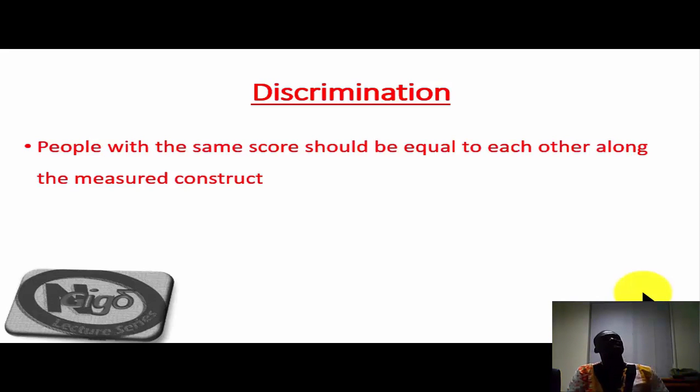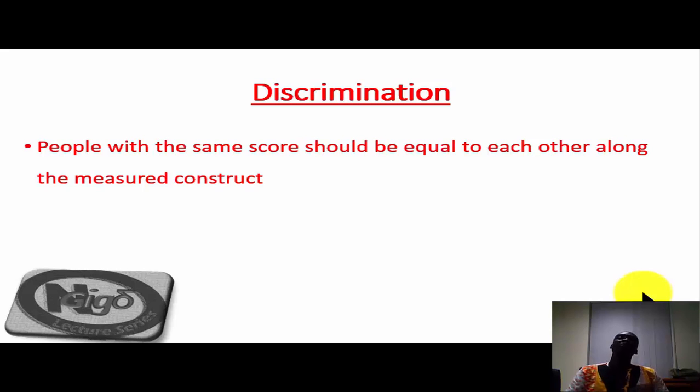Right, so three things are involved when it comes to discrimination. That is, people with the same score should be equal to each other along the measured construct. So people with the same scores should be equal to each other along the measured what?